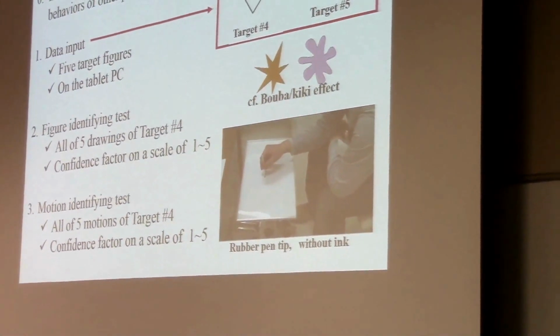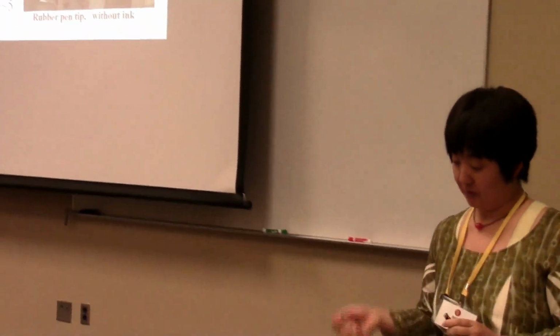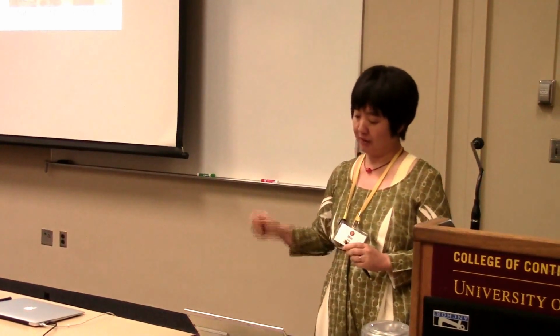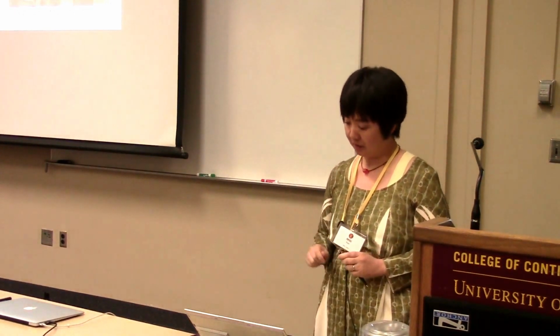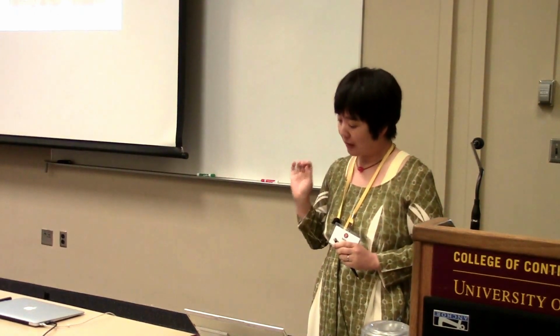Finally, a motion identifying test was conducted after the figure identifying test. All 5 input motions were replayed by the drawing robot moving the drawing plate one by one in random order. Each participant tried to guess whose motion it was.